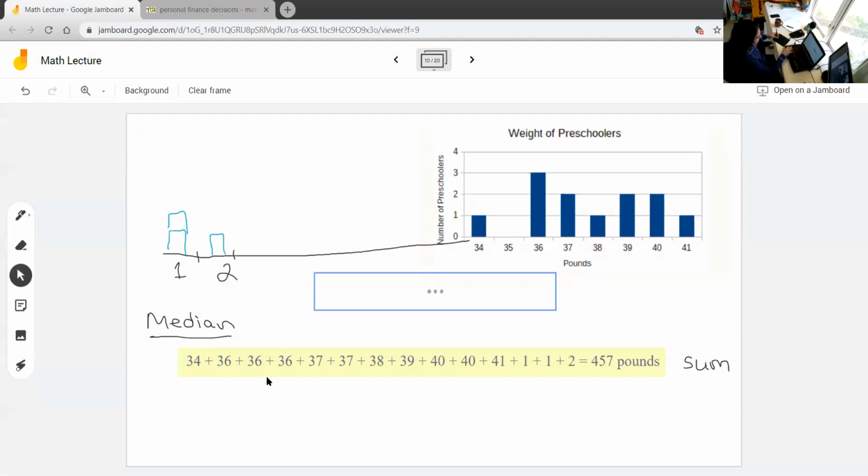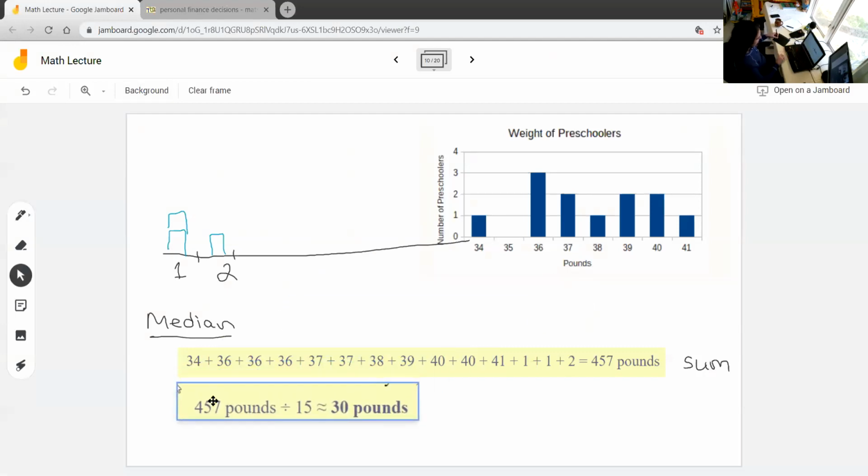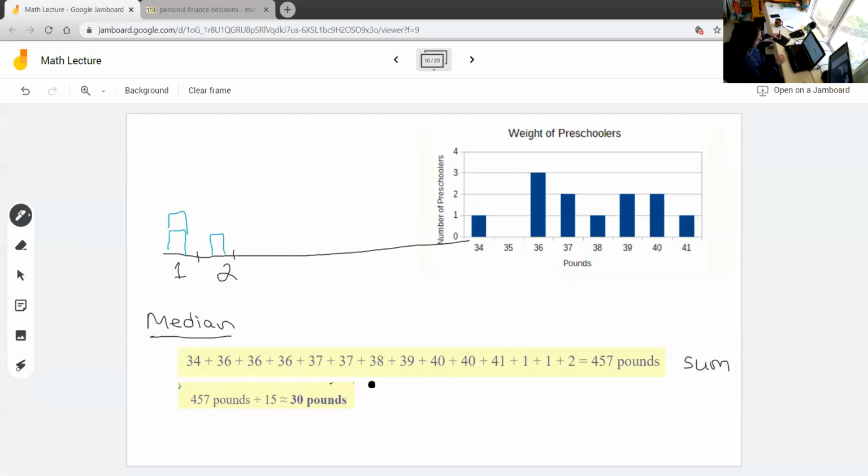And then divide by how many. So now we get a mean of 30.